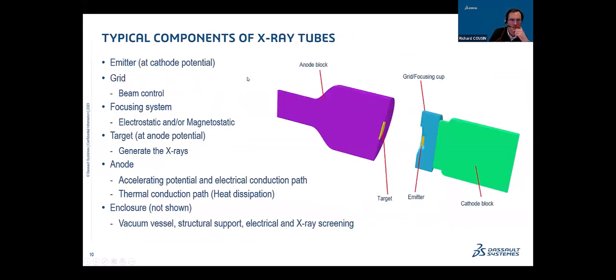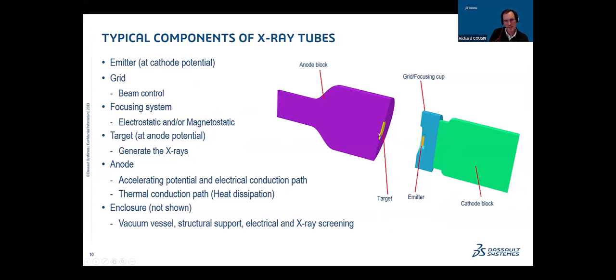Typical components of X-ray tubes are the following. You have the emitter, which is typically the electron gun. Then the grid for focusing the electrons in order to have beam control, and the focusing systems which embed external electrostatic or magnetostatic fields if necessary to guide the particles to hit the target.